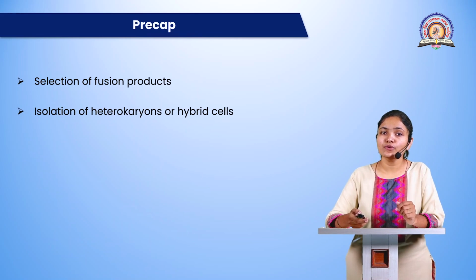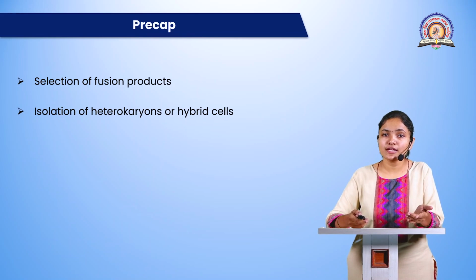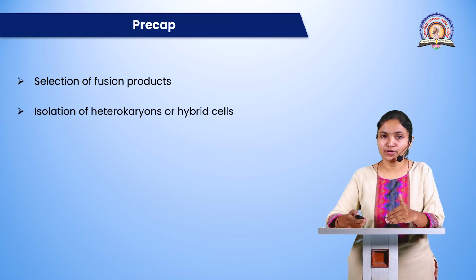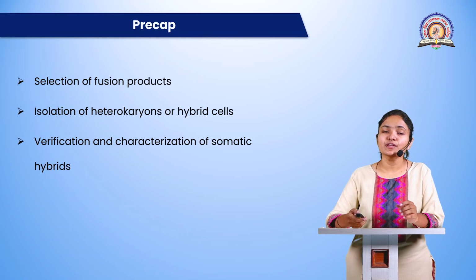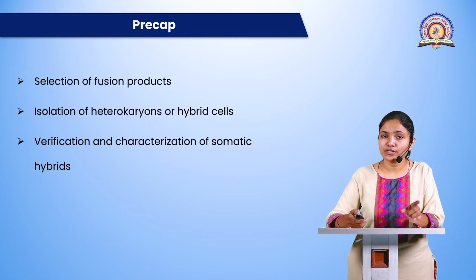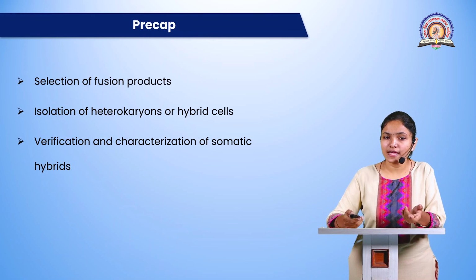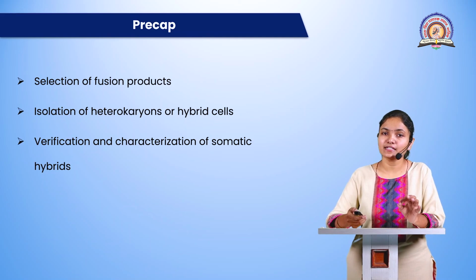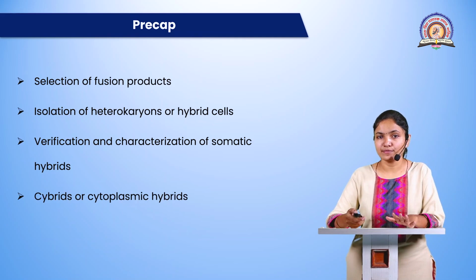Secondly, we will also see how, after selection, I can separate homokaryon from heterokaryon material. Then we will verify whether what we have isolated is really a hybrid or heterokaryon or not. That will be included in the verification and characterization of somatic hybrids.